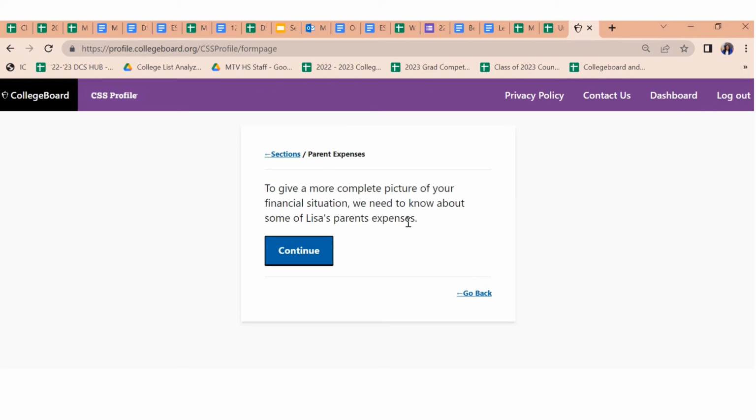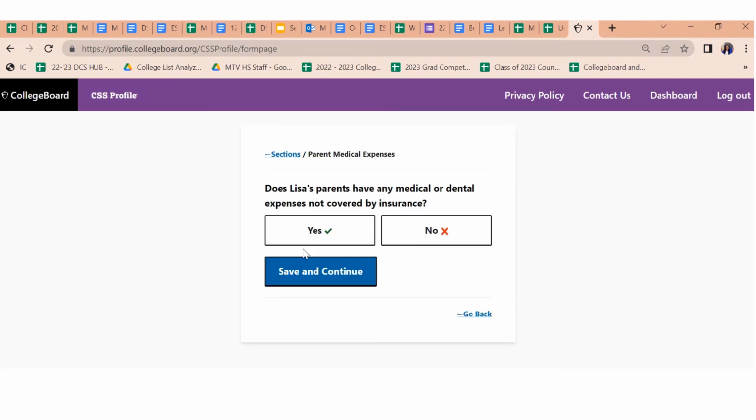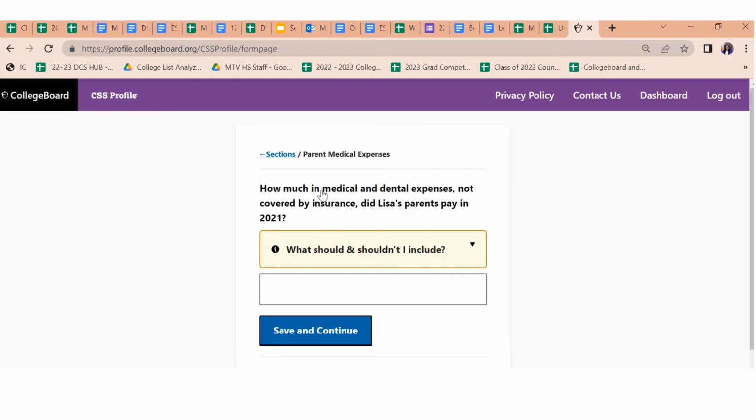And then it's going to ask a little bit more about the student's parents' expenses. And you'll see this is not required. So does the student's parents have any medical or dental expenses not covered by insurance? If you are going to answer yes to this question, you will be prompted to enter more information.